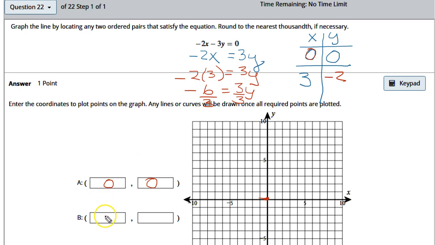So there's my other point, 3, negative 2. So it's going through the origin, and another point is 3, negative 2, which is right there. And that would then form a line, and you'd have this one completed.